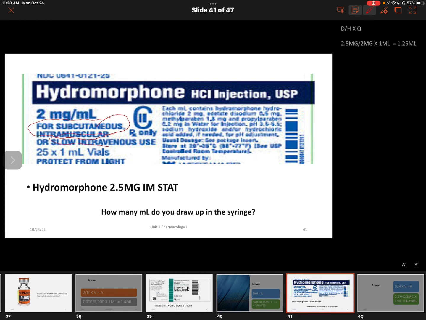It is also for slow IV use. However, LPNs, that is not your scope of practice. So you can only administer this medication subcutaneous or IM. So how would you set up your problem to get your answer of how many milliliters you would need to drop into a syringe?